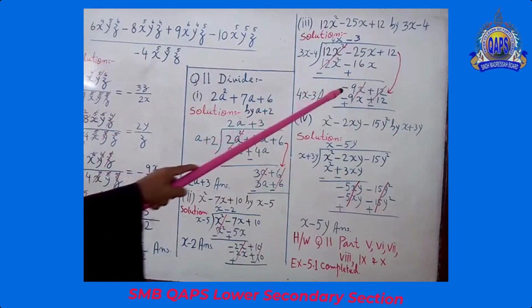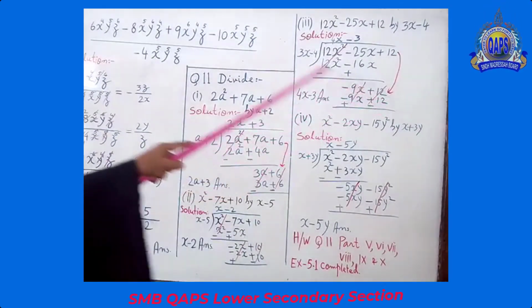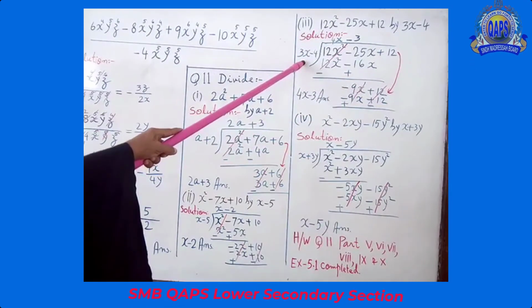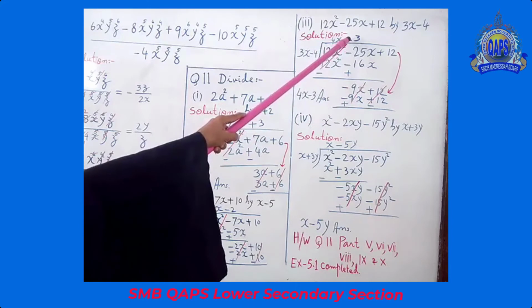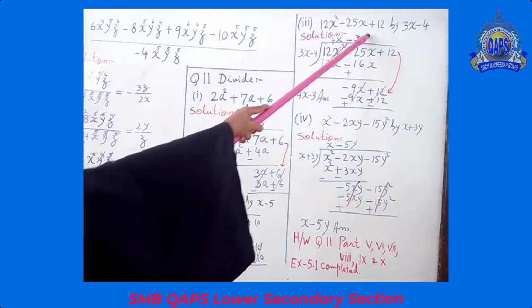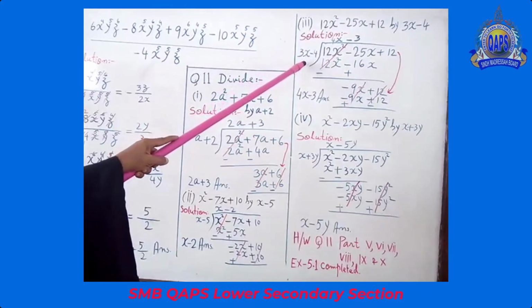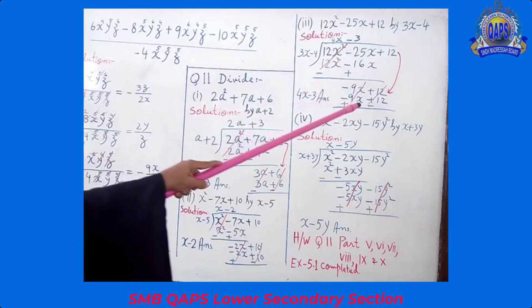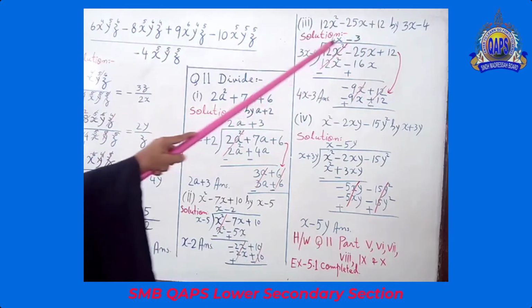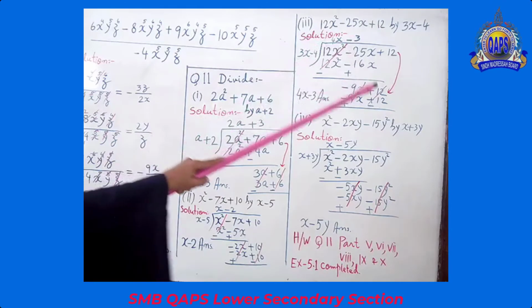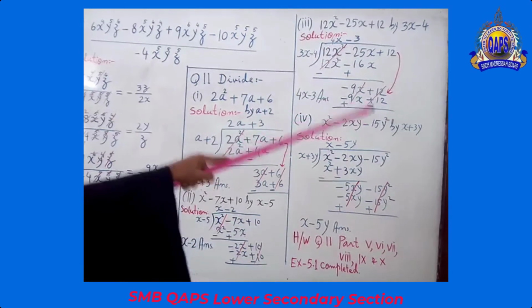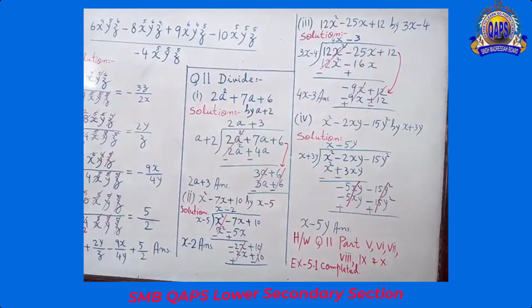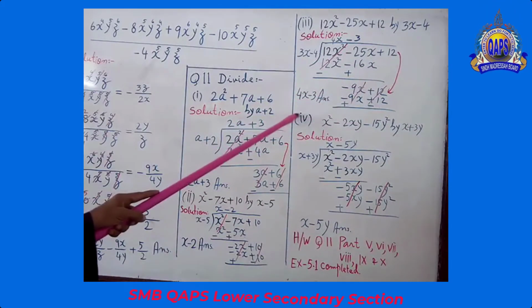So, you see, it will be 9x plus 12. Now, 3x. We will have to put over here minus 9x, so we will have to multiply it minus 3. Minus 3 multiplied by 3x, it will be minus 9x. Minus 3 into minus 4. Minus minus plus 3 4 the 12. Change the sign. Plus, minus, cancel, cancel. Answer? 4x minus 3.